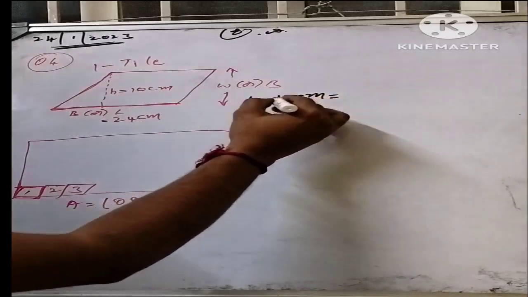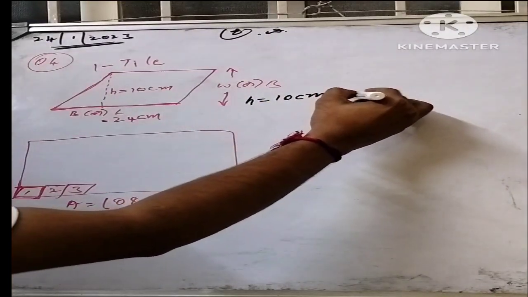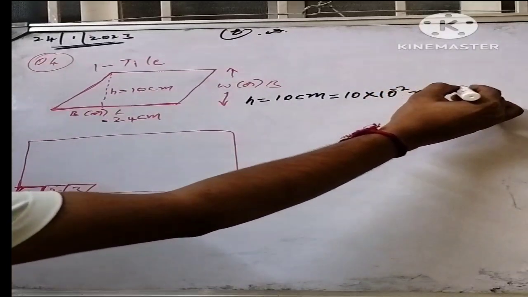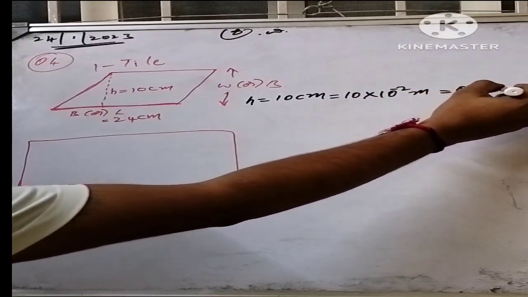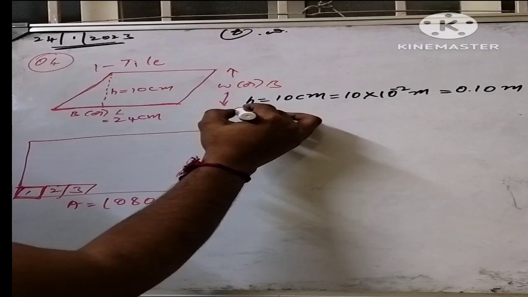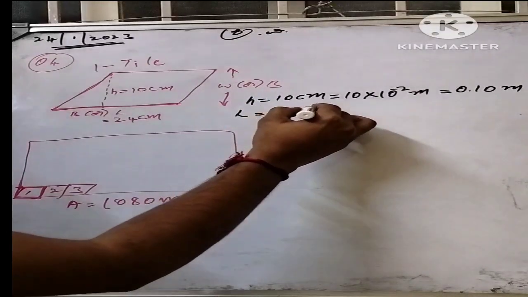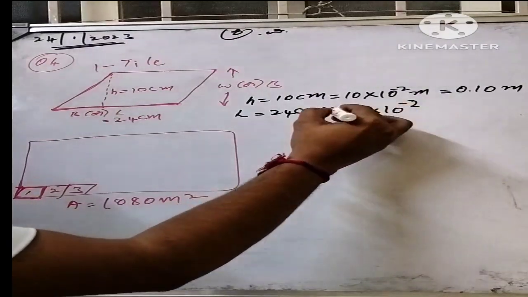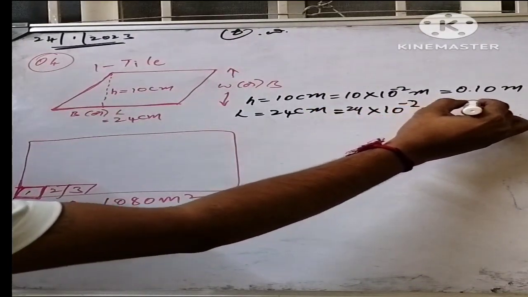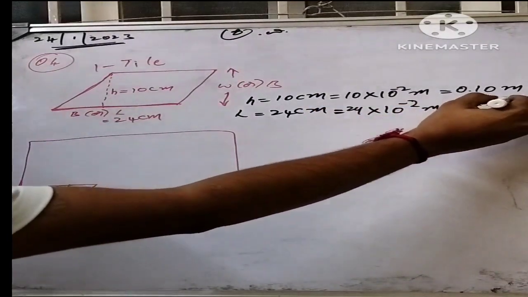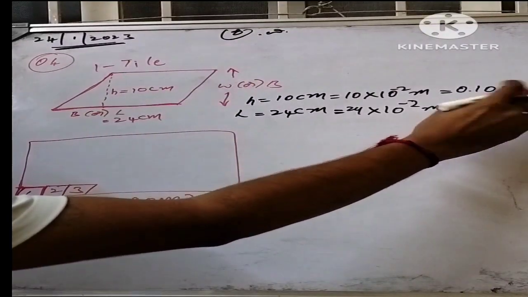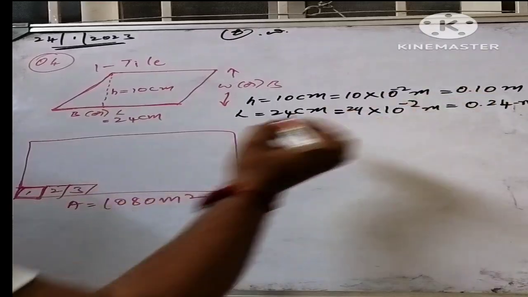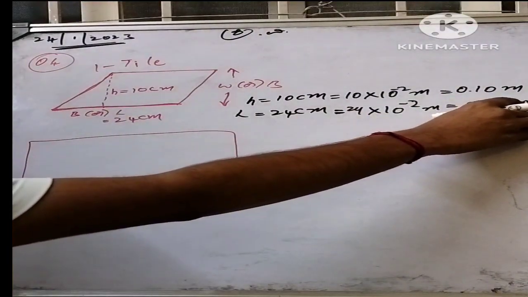When we convert this, 10 into 10 raised to minus 2 meter, centi means minus 2, so 0.01 meter, and the length is 24 centimeter, 24 into 10 raised to minus 2 meter, so 0.24 meter. So we have converted.